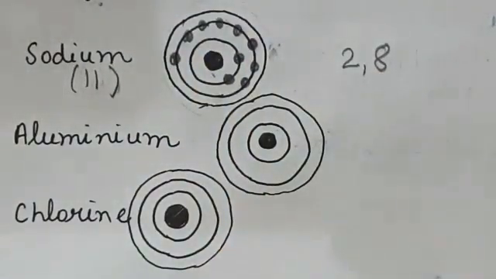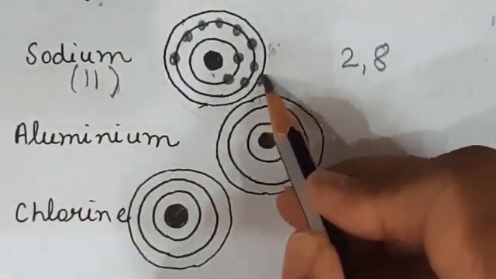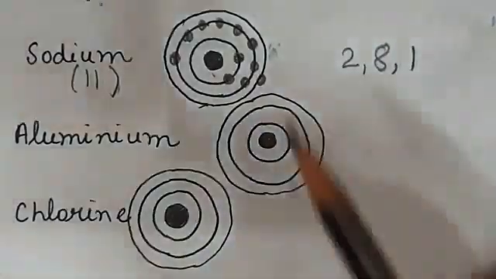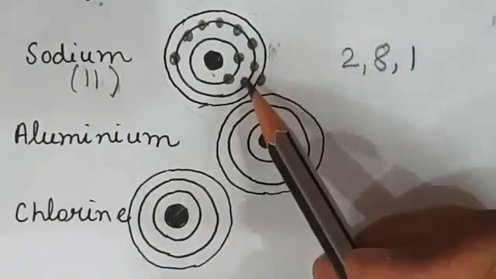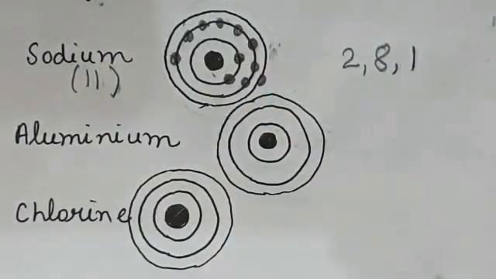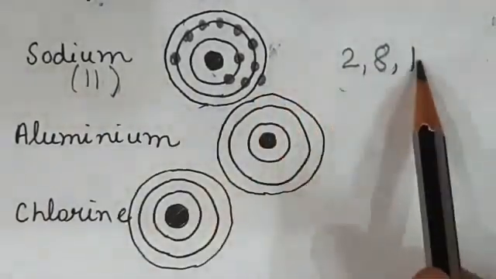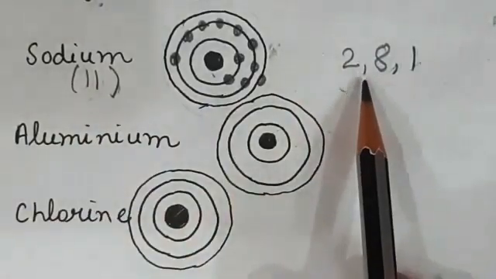Now we are left with 1 electron. That 1 electron, it will go in the third shell. Okay, because the second shell octet is complete. We cannot fill more electrons now. So the next electron will go in the next third shell. So 2, 8, 1 total gives 11. So electrons filled, electronic configuration written.